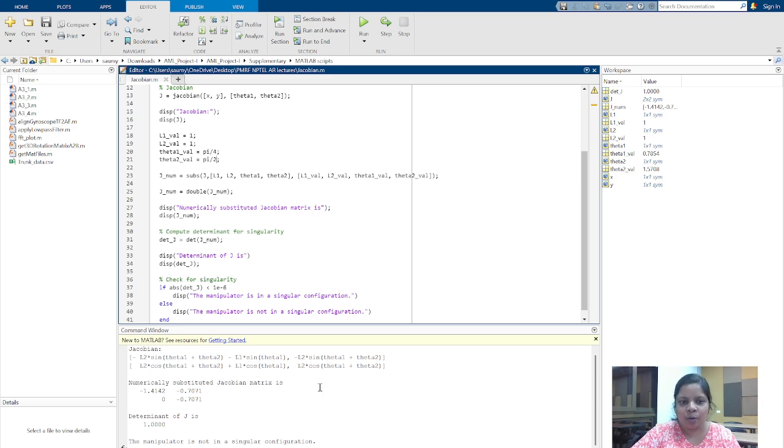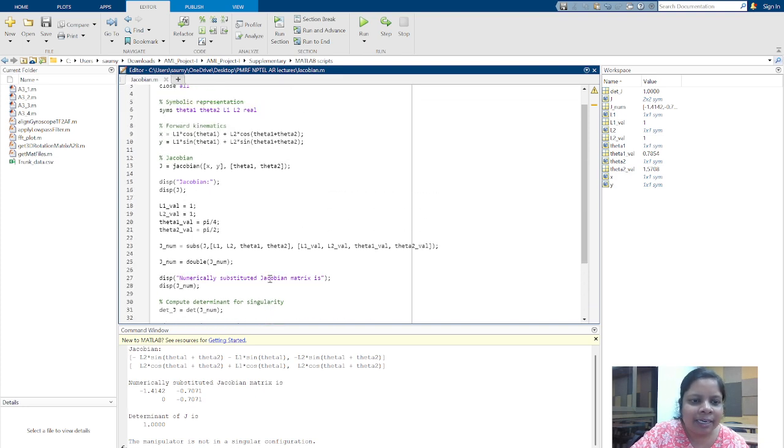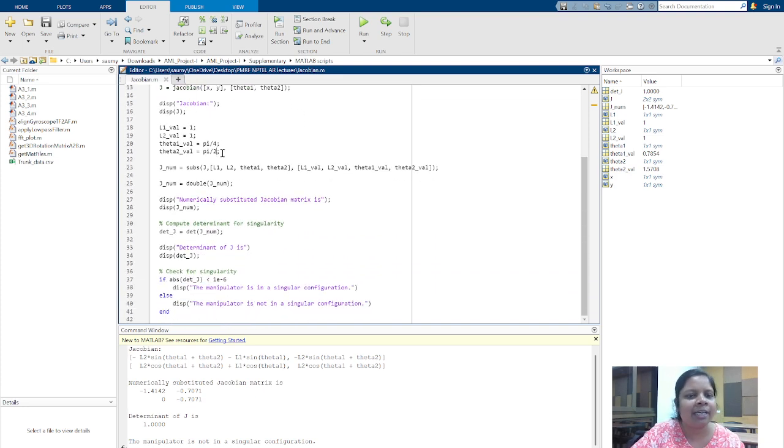All right. Now, the best check that we want to see is, let L1 be anything, L2 be anything, theta 1 val be anything. Theta 2 val, let's change it to pi or 0. We want to check for both of them, right? Any one of them also works. So let's change it to pi. What should happen for pi?